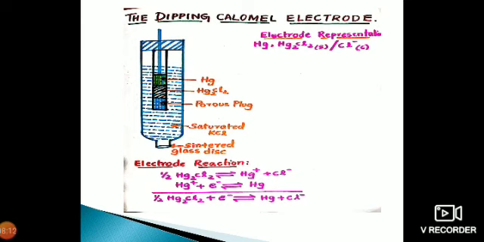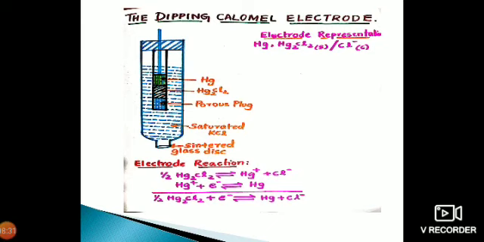A platinum wire dips into the mercury. A saturated KCl solution in the electrode makes contact with the other electrode solution through a sintered glass disc, and this disc functions as a salt bridge between the two electrode solutions.